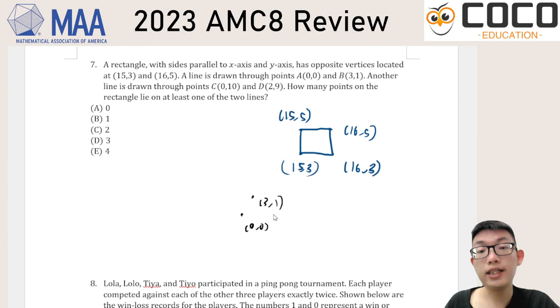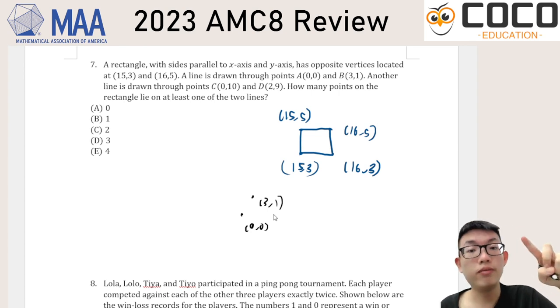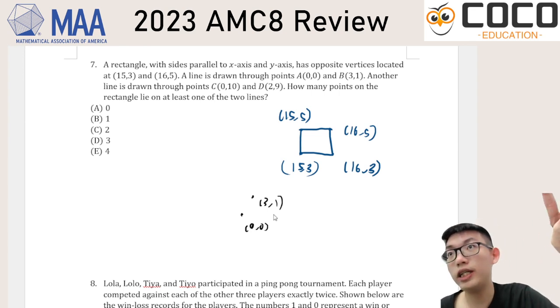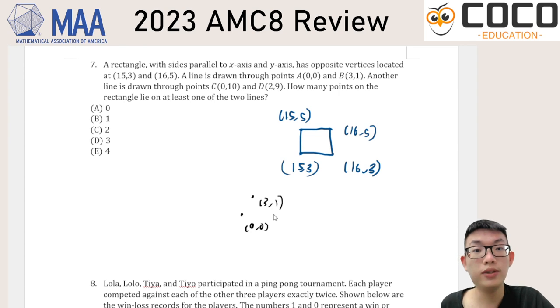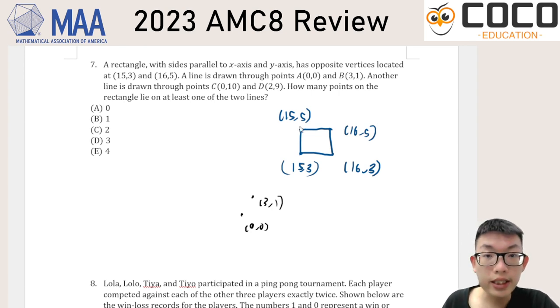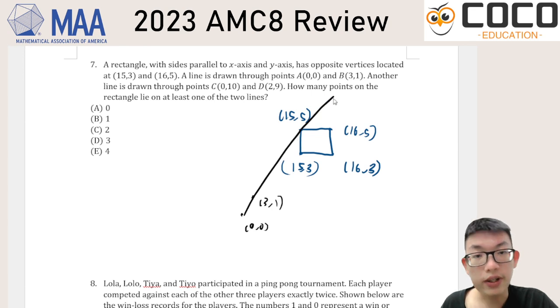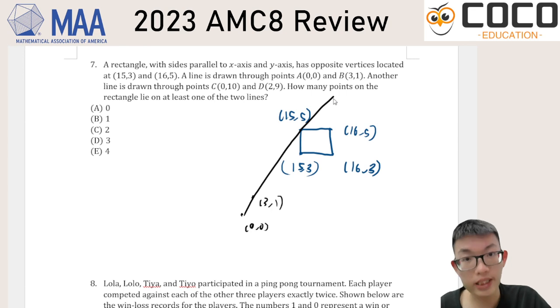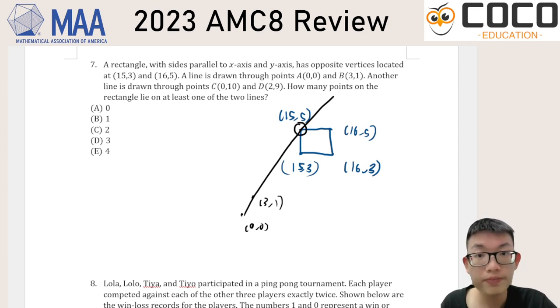And what I can see is that this line is just going to go up 3 steps in the x coordinate and 1 step in the y coordinate. So we will see that it actually just touches 15.5. So I don't have to worry about it hitting the rectangle anywhere else. Obviously, if it goes in that angle, that's going to be 1 point.